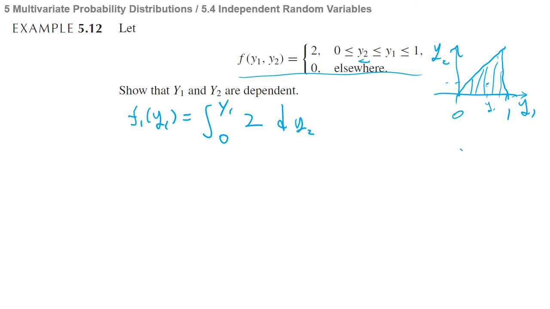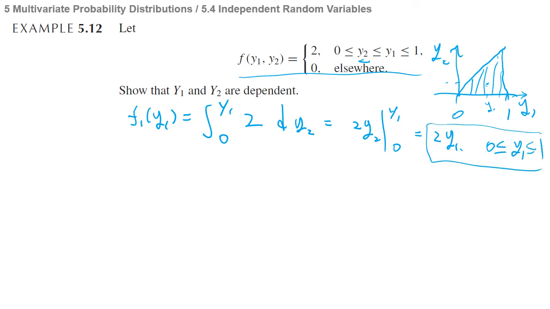This is 2y2, from 0 to y1, which is 2y1, and the interval is from 0 to y1. Okay, this is the density function for f1(y1).